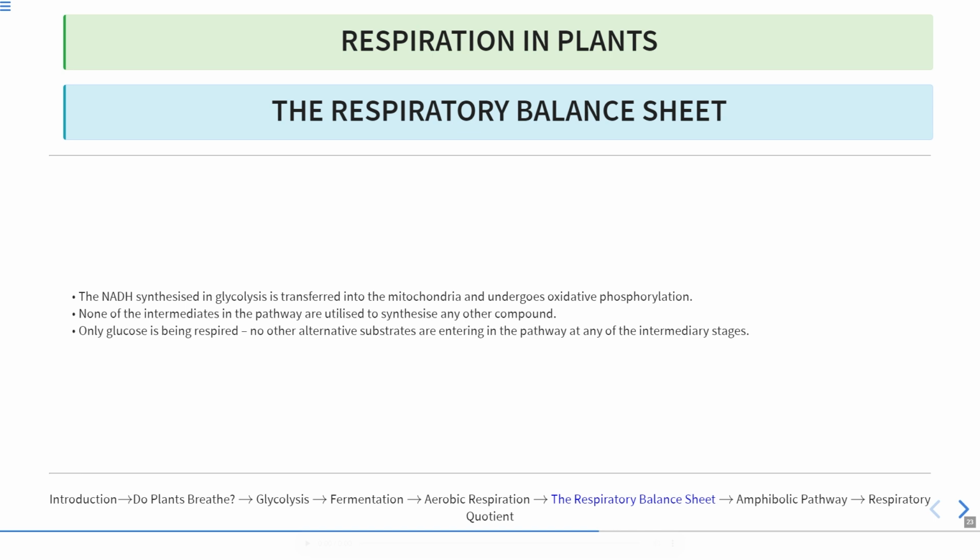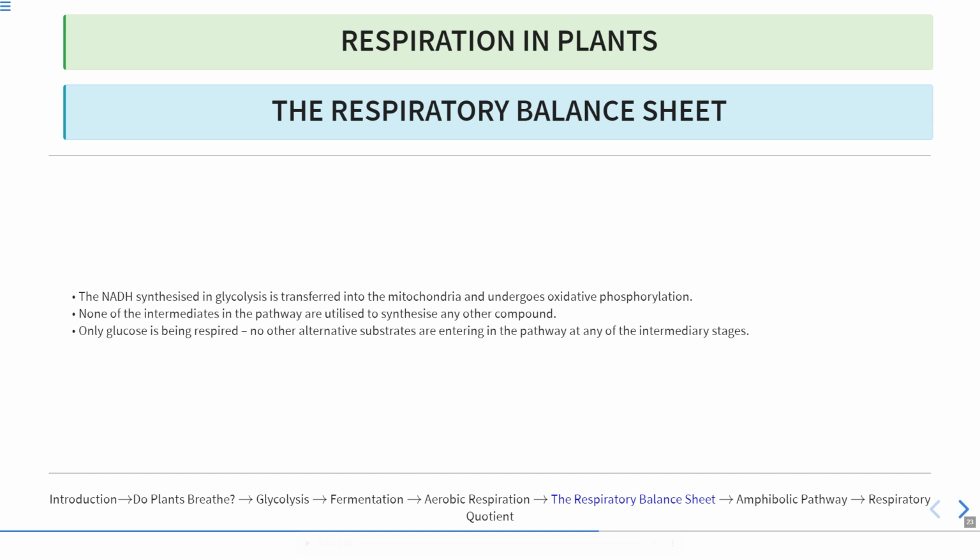None of the intermediates in the pathway are utilized to synthesize any other compound. We assume that no intermediate compound is coupled with the product that has been formed in these steps of reactions. So no compound has been synthesized.